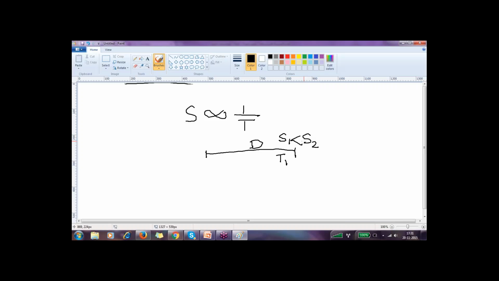Distance remaining the same, if I travel at a higher speed, of course I will reach there in less time. If T2 is that time, then T2 will be less than T1. So you see, speed has increased, but time has decreased. So speed is inversely proportional to time.